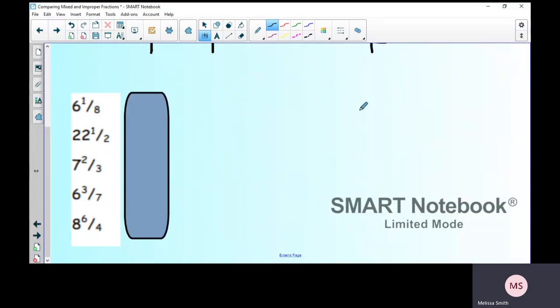Okay, let's have a look at the first few, how to do them together. So I've got 6 and 1/8, and I want to convert that to an improper fraction. Step 1, denominator stays the same. Step 2, you multiply the whole by the denominator.